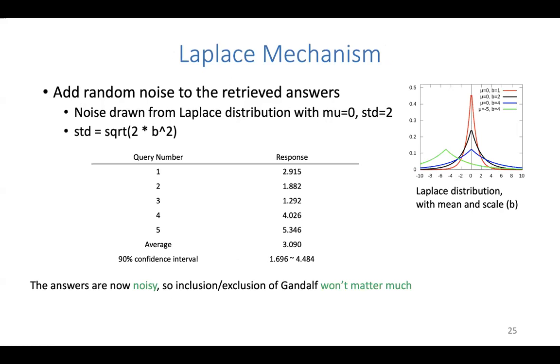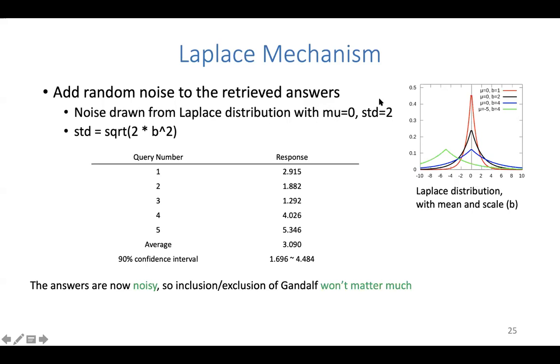That is it. In this specific mechanism, the Laplace mechanism, we are drawing random noise from a Laplace distribution with mu 0 and standard deviation of 2. This is just an example in this scenario. It doesn't have to be standard deviation 2. Actually, there's a rule for coming up with the standard deviation value.